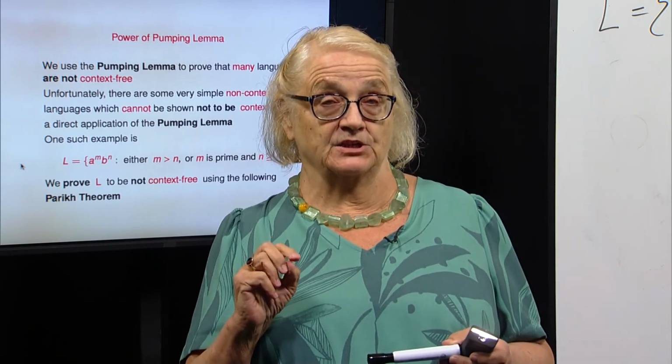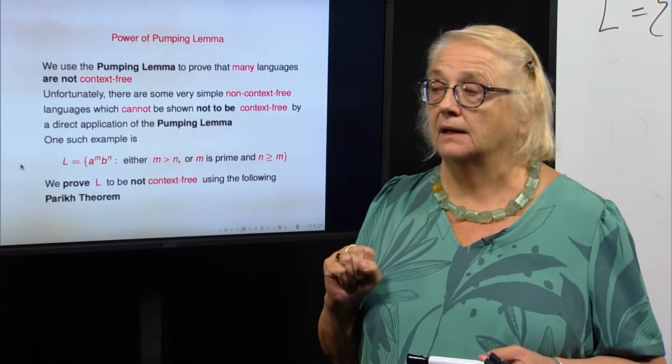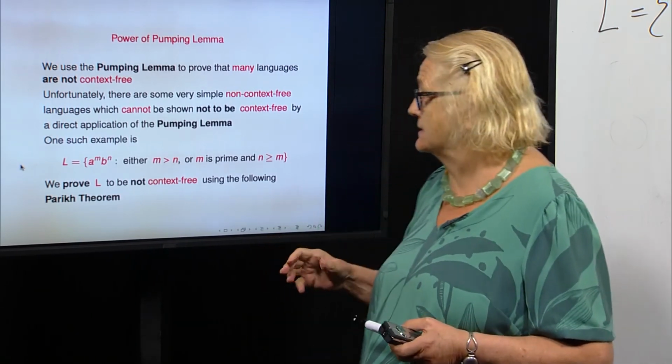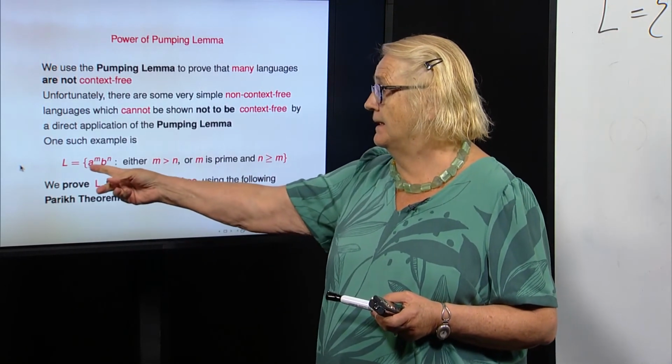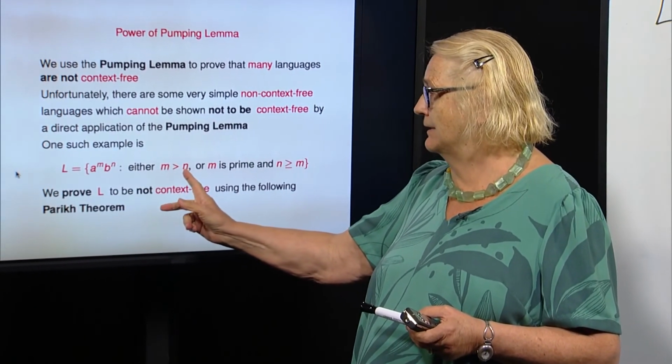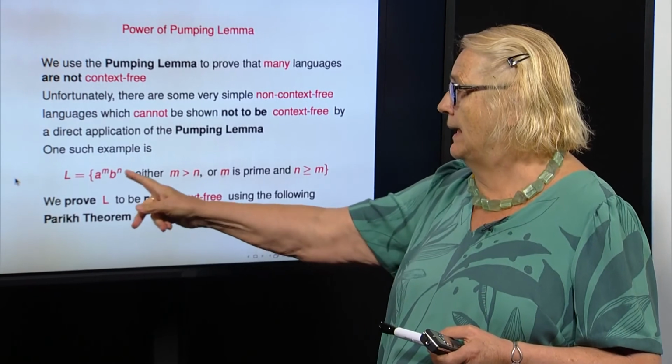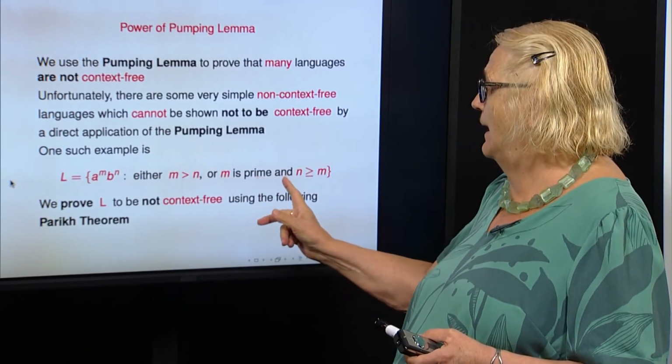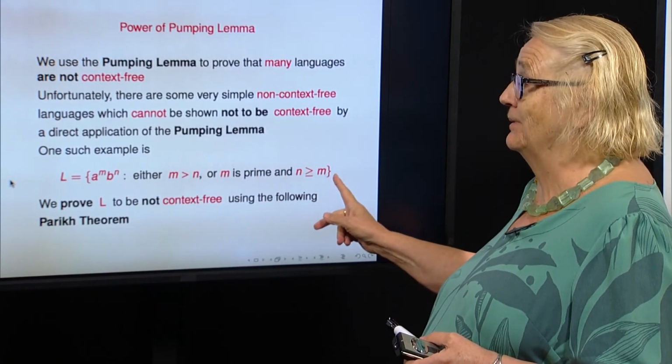One such language is a^m b^n, where m greater than n, or m is prime and n is greater or equal m.